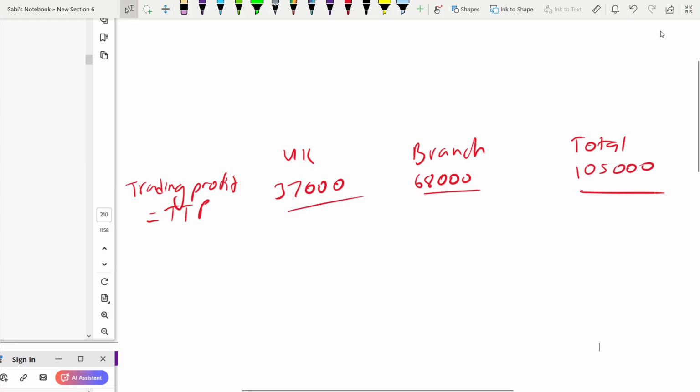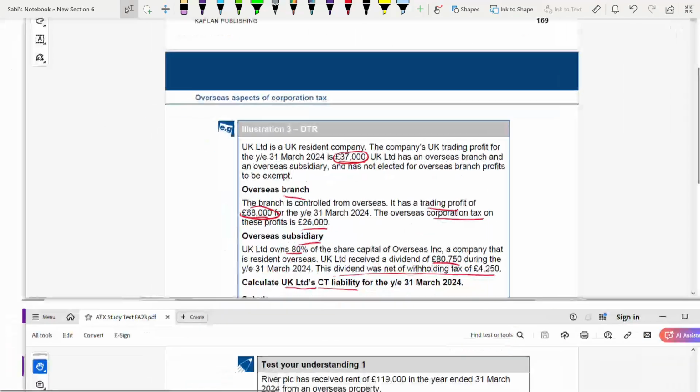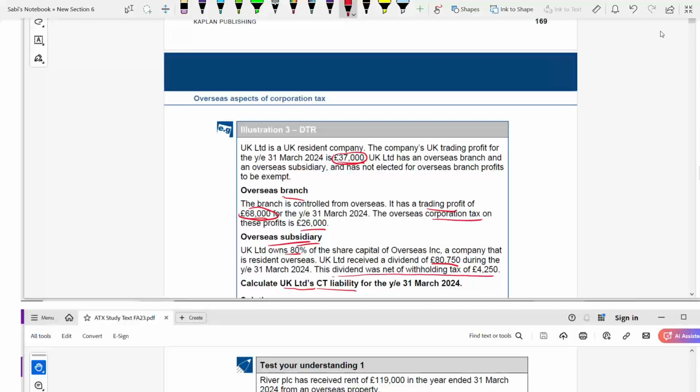Now remember corporation tax. Are we going to have any? See, we have a UK profit. Okay. Now remember, overseas branch will not have an impact, but the subsidiary, overseas subsidiary, is an associated company.